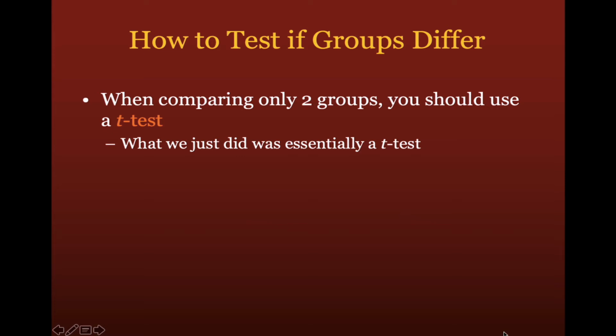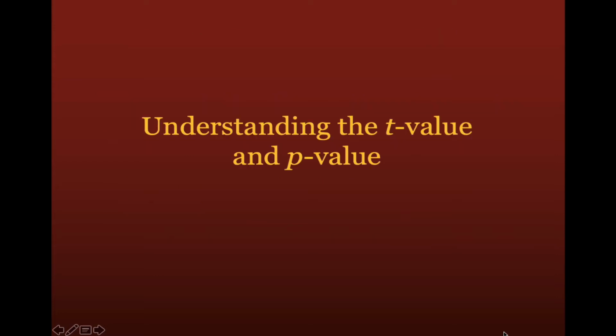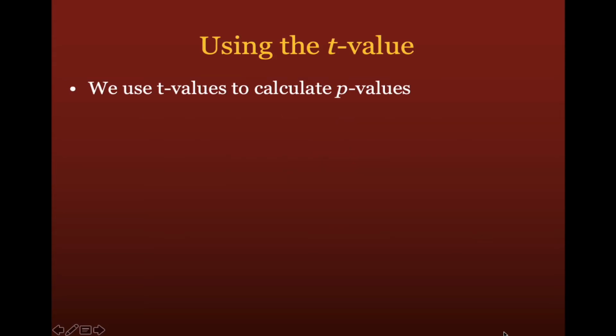We'll talk about an f-test in 2 classes from now, and that is a statistic that you would use when you're looking at differences between the means of 3 or more groups. So for a t-test, use a table of significance to see if the ratio is going to be significant. I'm not going to get too much into that part of it.